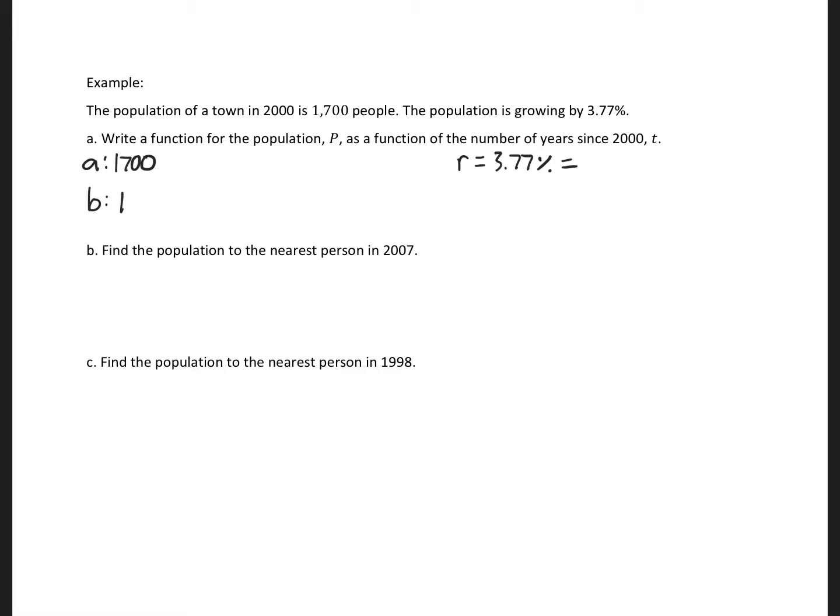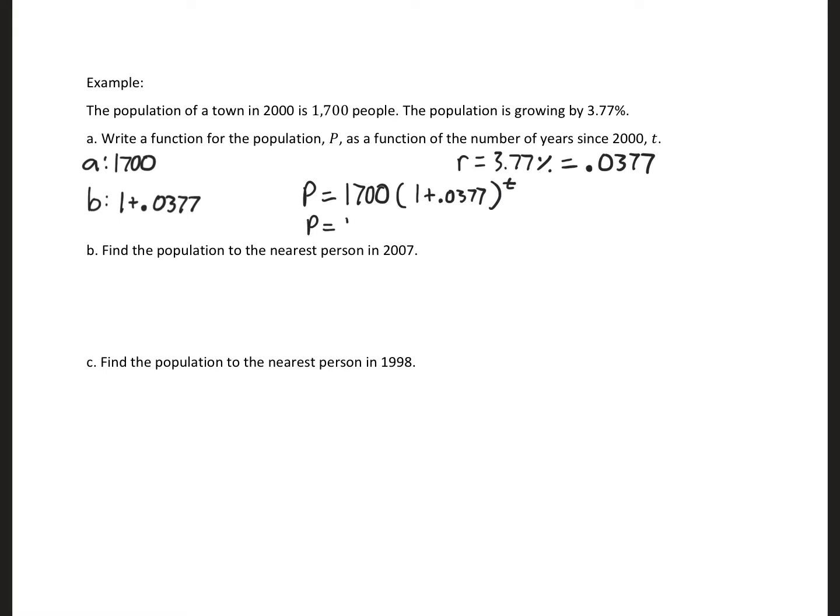So I'm going to move that 2 places to the left, and the result will be that R is 0.0377. So to get our growth factor B, we're going to take 1 and add to it 0.0377. So the population P will equal our initial value, 1,700, times our value of B, 1 plus 0.0377, to the T.